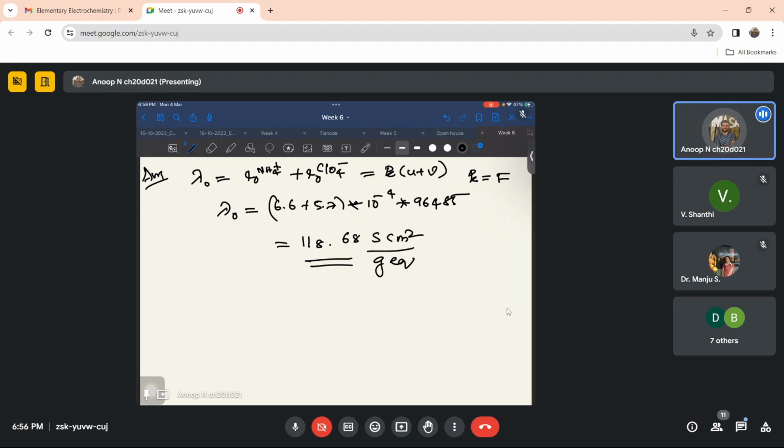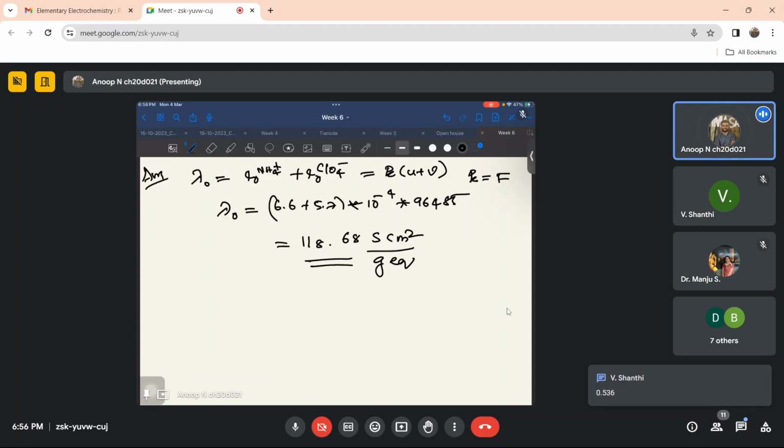So now you all can calculate the second part. Ionic mobilities are given.